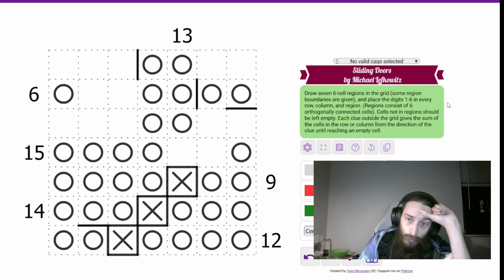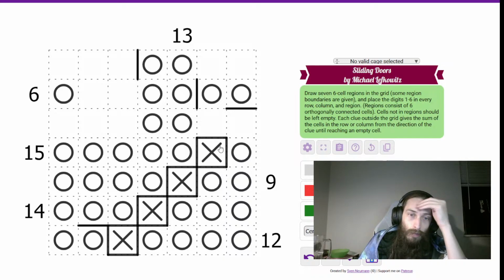Well, then the column with the 13 at the top has its empty cell. Now our 15 does.